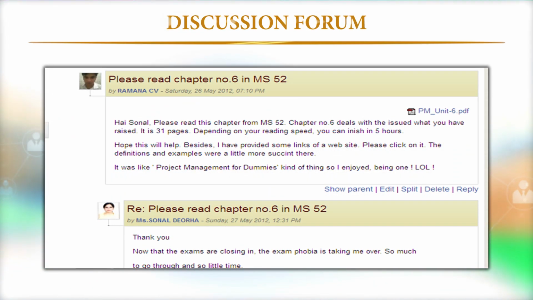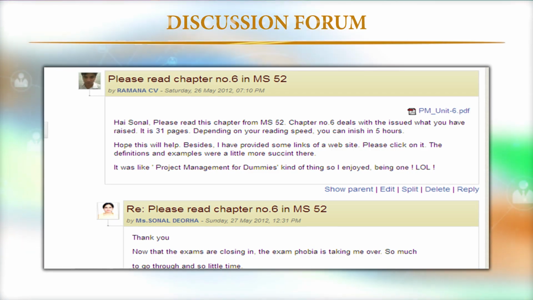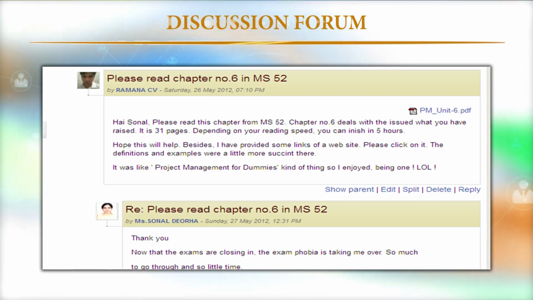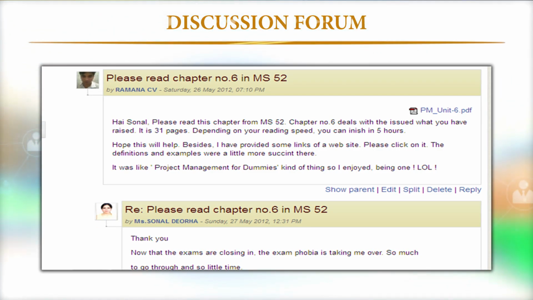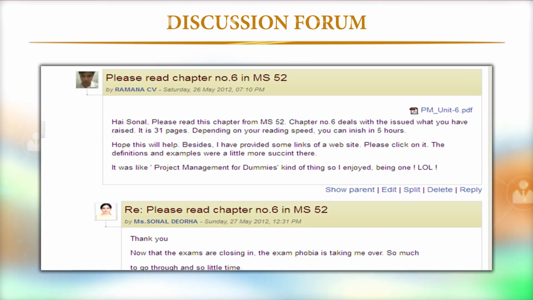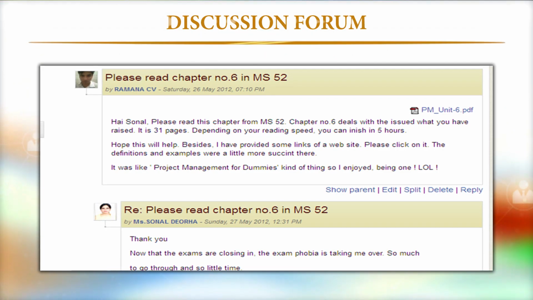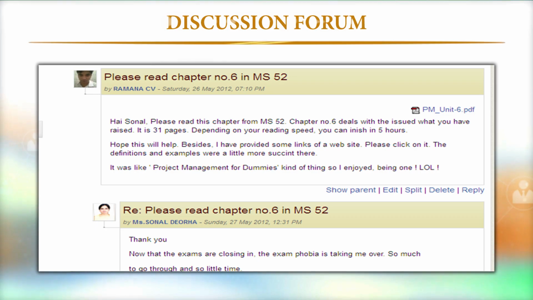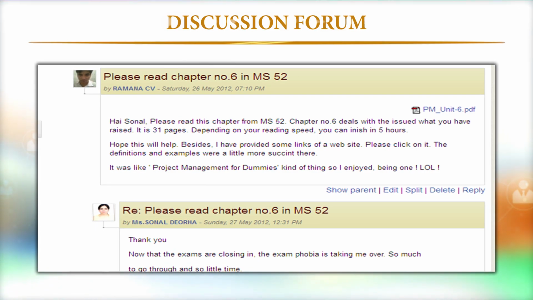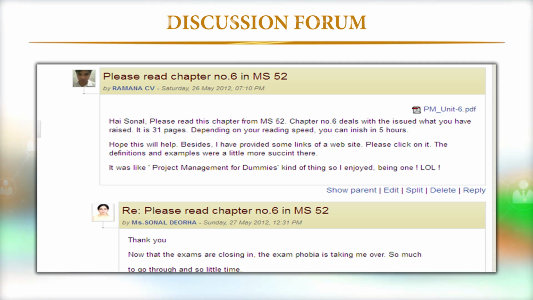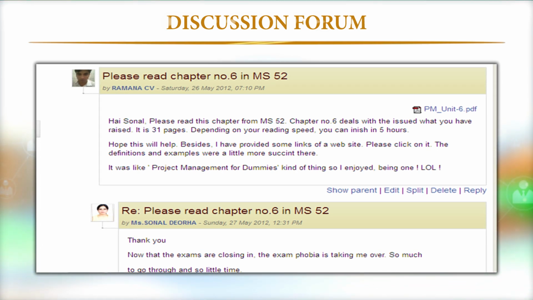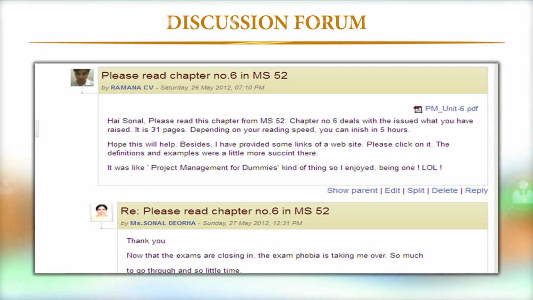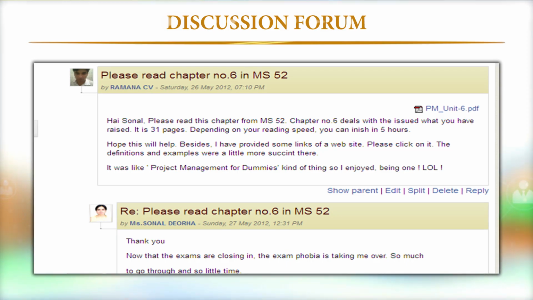And then the discussion forum. A threaded discussion forum will be there. The student and peer group will discuss according to the concept or topic raised by the facilitator. As I already informed you, if you are planning any discussion forum, the facilitator should always be there with the peer group or the students, so that they can monitor whether the students are going off track or are on track in discussing the topic.